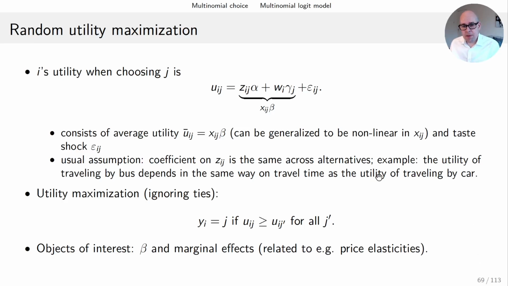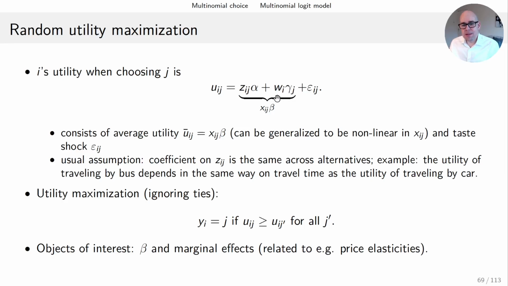Now, one more word about this business here, Z_ij alpha plus W_i gamma_j. So what you have here is alternative varying coefficients or parameters, these gamma_j's.